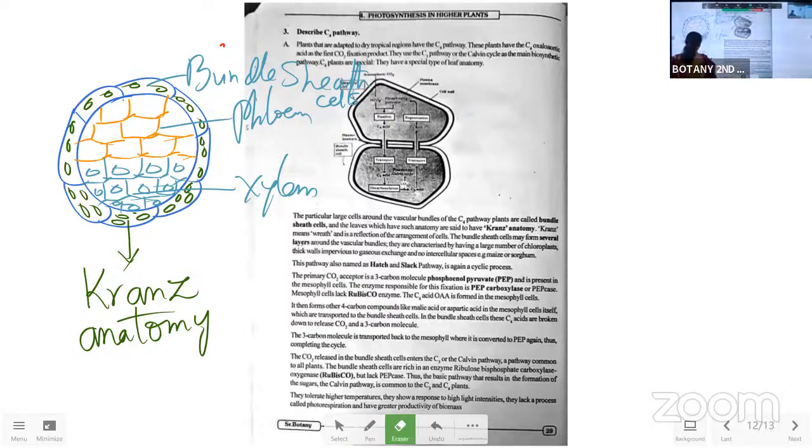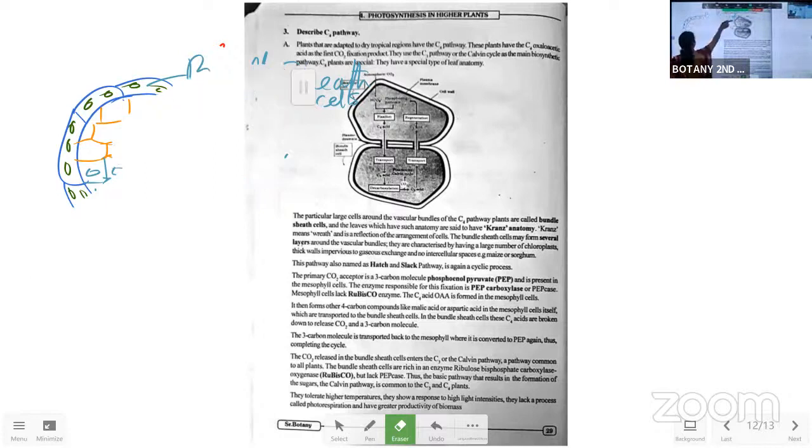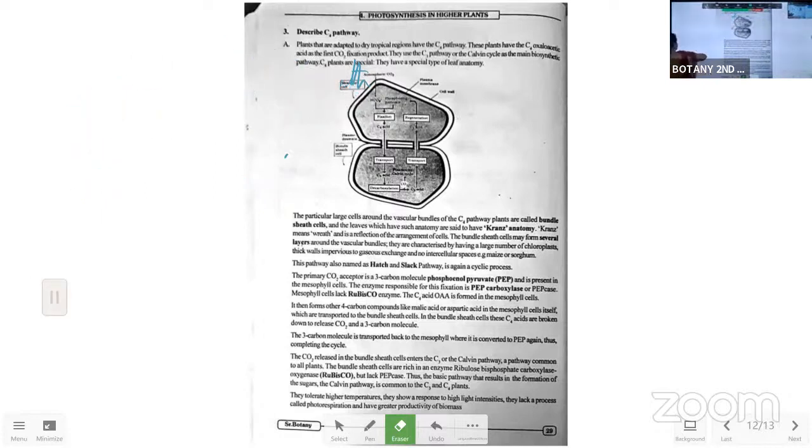We need to go with this. That is the description of the C4 cycle. Very easy. Only 4 steps will be there in the C4 cycle, but the explanation needs to be learned in a proper way.